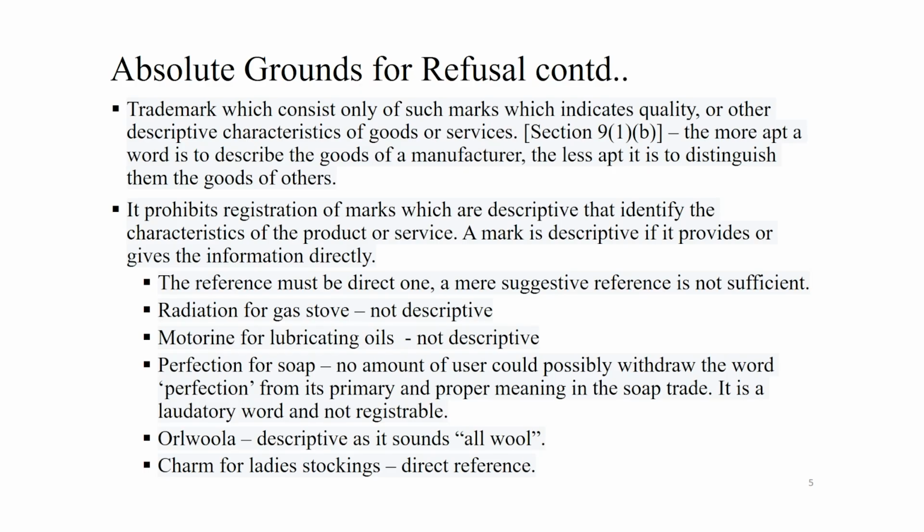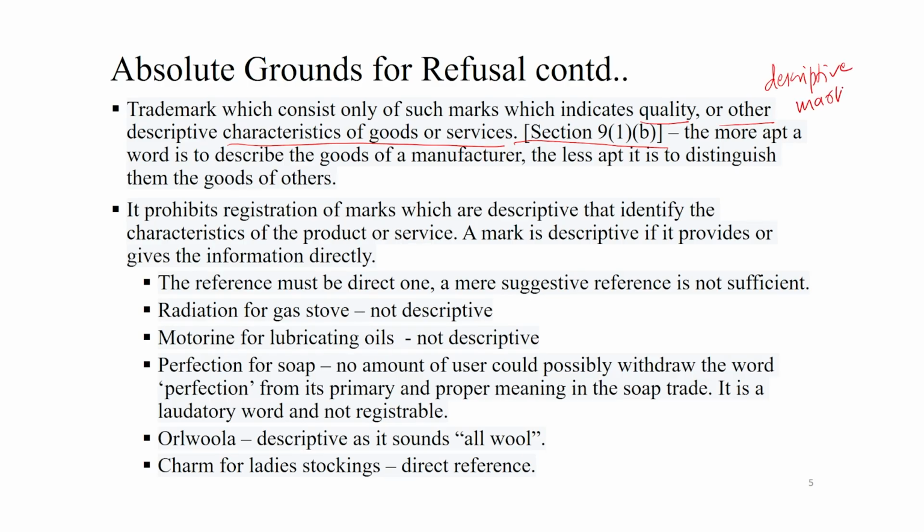So, the first point in section 9(1) was 9(1)(a), where we said it lacks distinctiveness. The second point in 9(1) is there in 9(1)(b), which says that the trademark only consists of such marks which indicate quality or other characteristics of goods and services. We discussed this in the previous lecture.